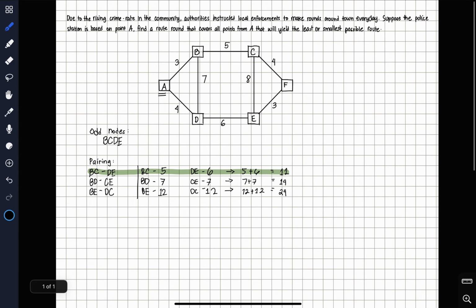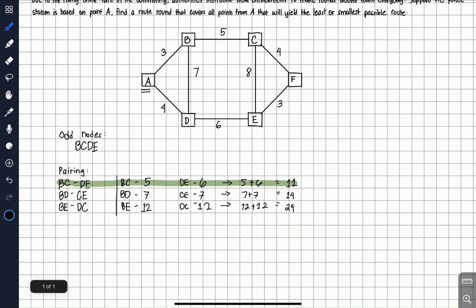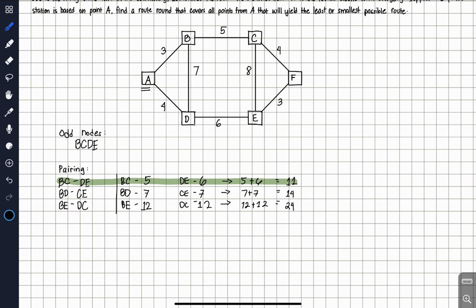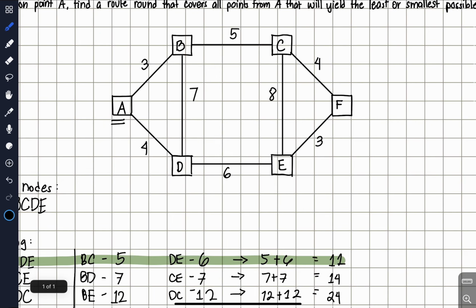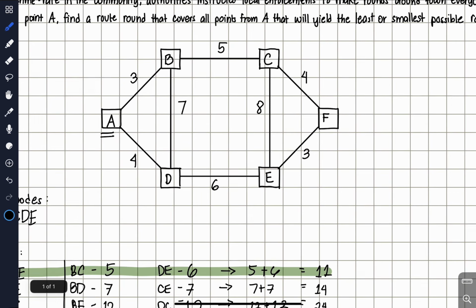Next is we identify the total distance found in the figure by adding all of the values per vertices. So in order for us to do this, we just simply add all of the numbers displayed per path.